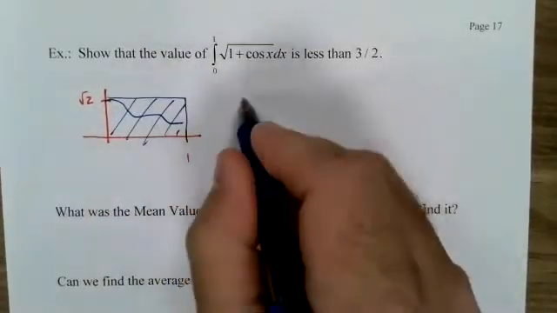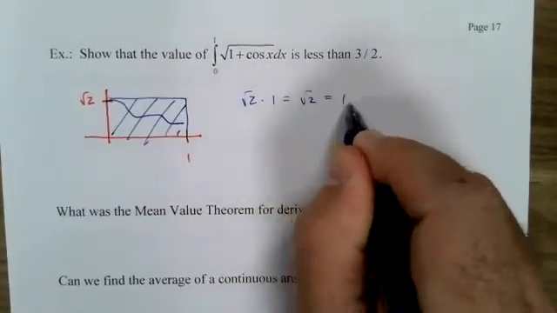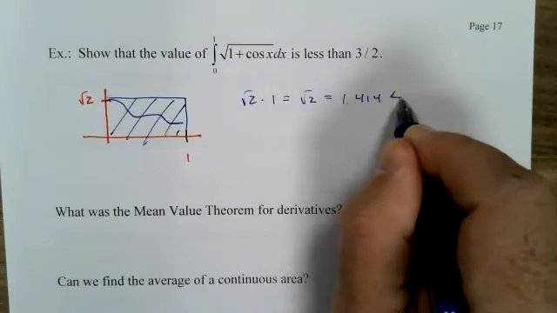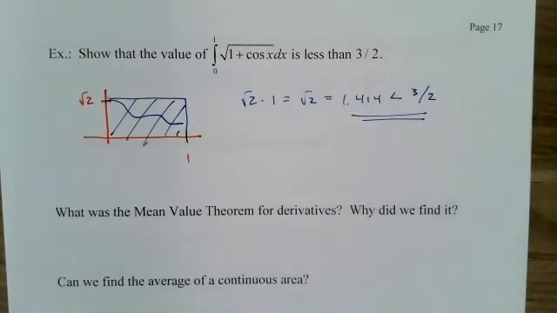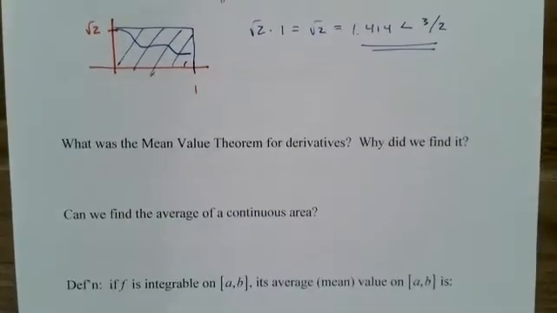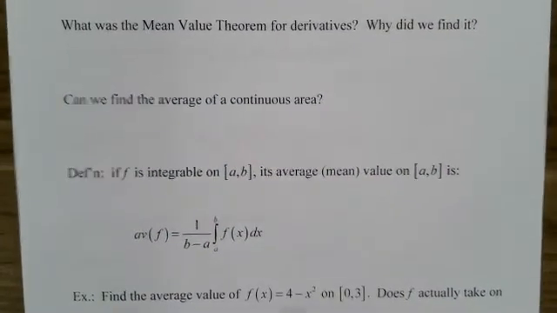So we would say square root of 2 times 1 is root 2, which is 1.414, which is less than 3/2. All right, so that's just an example. You would never do that on a test. They're just trying to show you how it's area. I will say remembering it's area under the curve helps me in a lot of problems when I get lost.